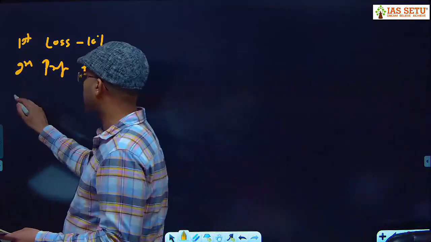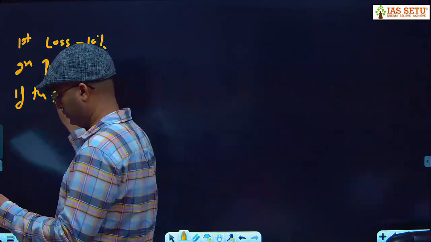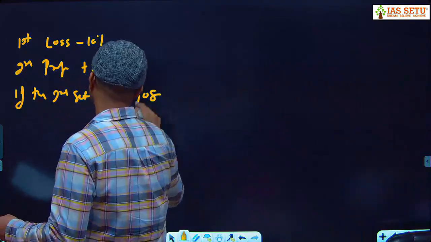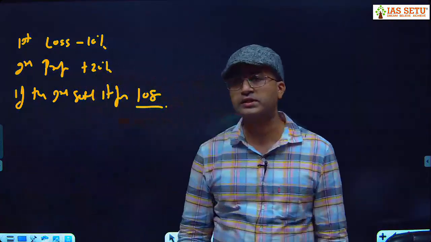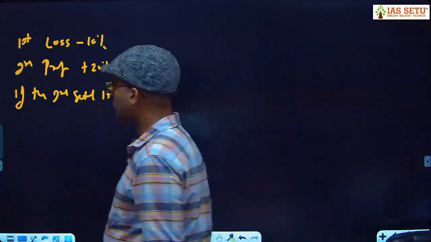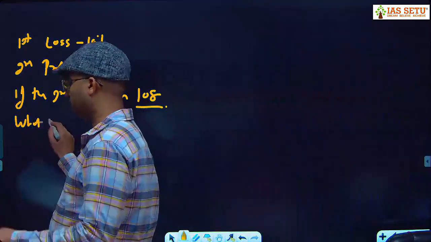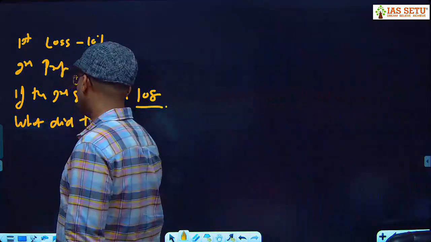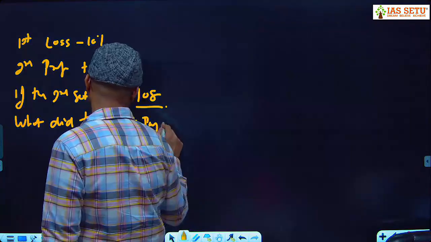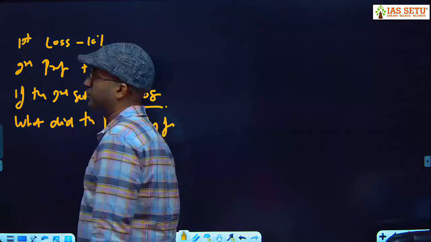If the second sells it for rupees 108, अगर दूसरे इंसान ने मार्कर 108 रुपए का बेचा है, what did the first pay for it? मतलब पहले इंसान ने कितने रुपए का खरीदा?